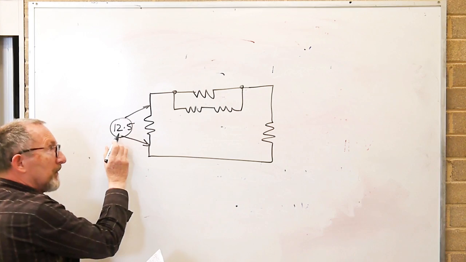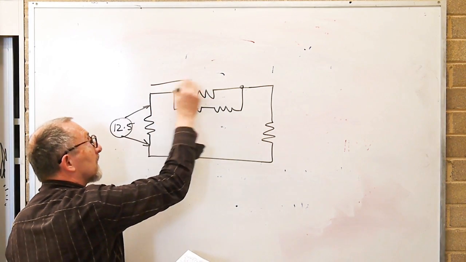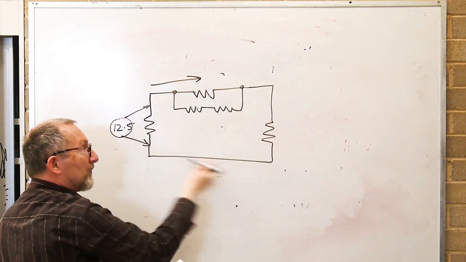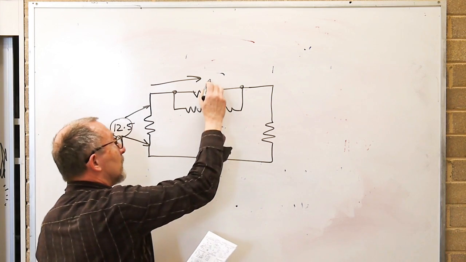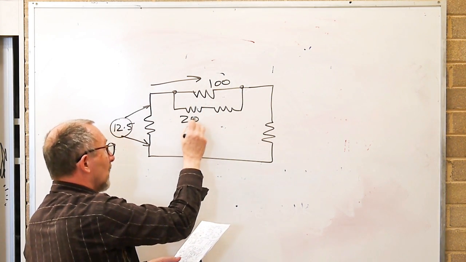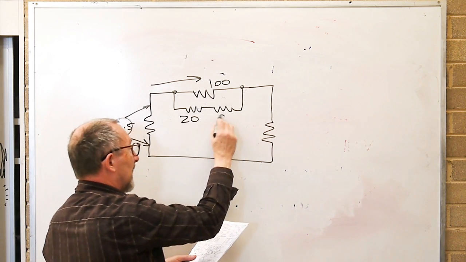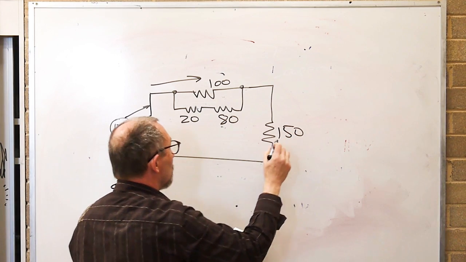And because I know the voltage, if I know that resistance and that resistance, I can work out the current which is travelling through this part of the circuit. And we do in fact have some values. That's 100 ohms, that's 20 ohms, that's 80, and this is 150 ohms.